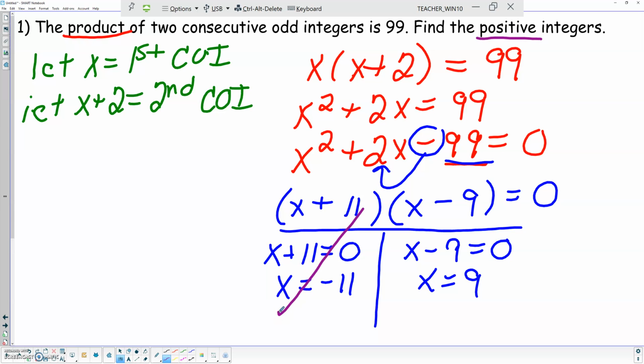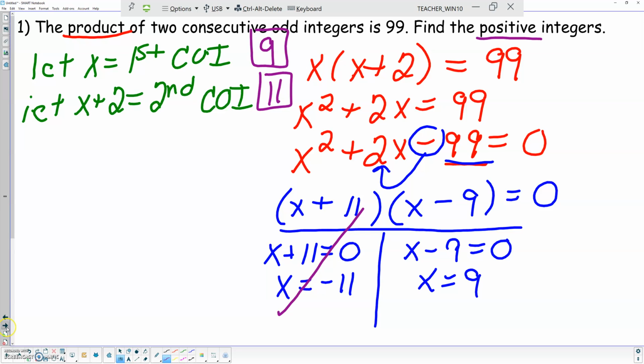So if it's only asking for the positive integers, we're going to reject the negative. All right, so our first consecutive odd integer was 9. And then our second consecutive odd integer, 9 plus 2, is 11. Okay, and if I multiply those two numbers, 9 and 11, we do get 99.